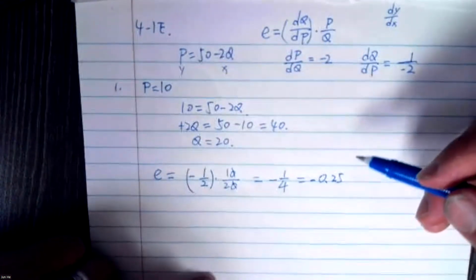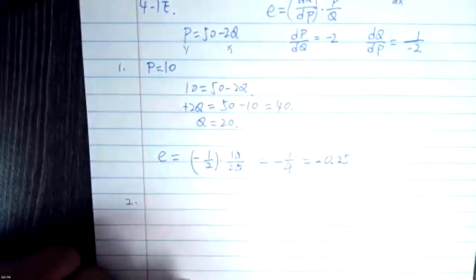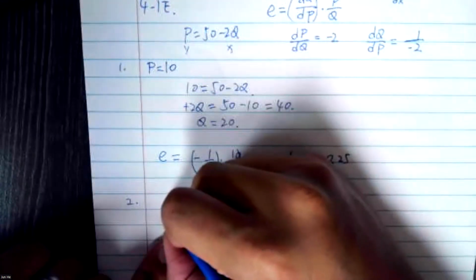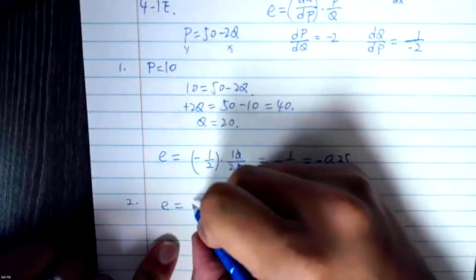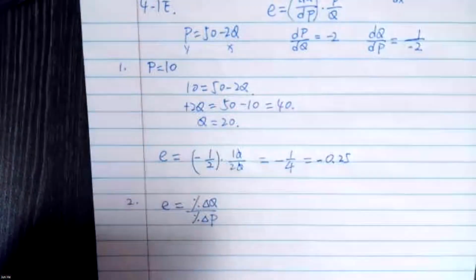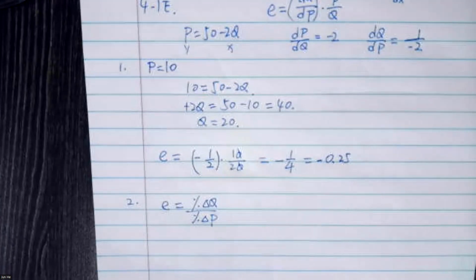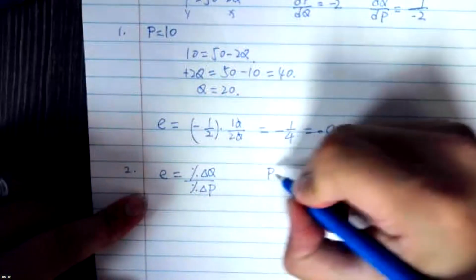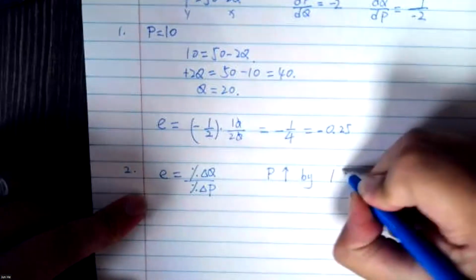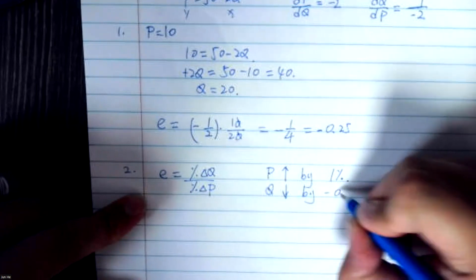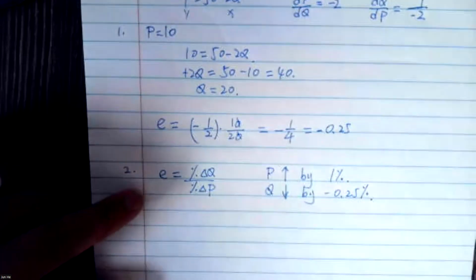So that's one. And then interpret the elasticity at P equals 10. For interpretation, we go back to the very beginning, which is the percentage change concept. So when P increases by 1%, Q should decrease by 0.25%.